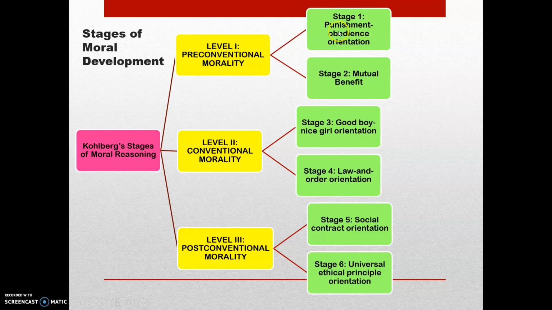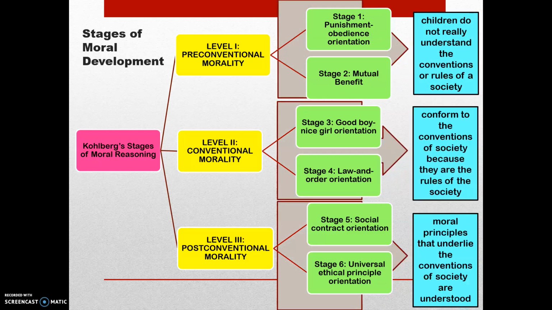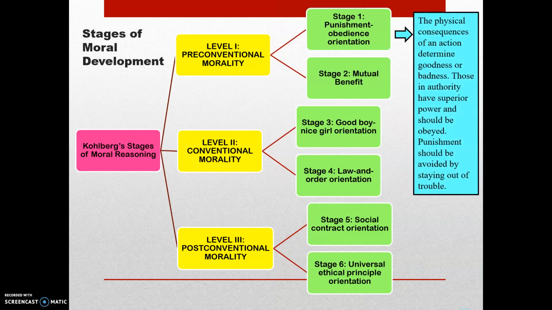Starting with stage 1 under the pre-conventional morality, which is the punishment obedience orientation. Here, the physical consequences of an action determine goodness or badness.